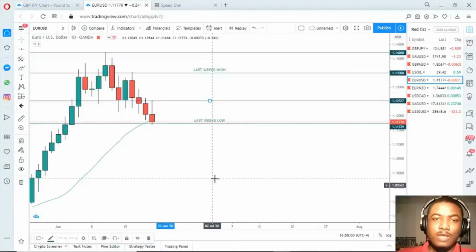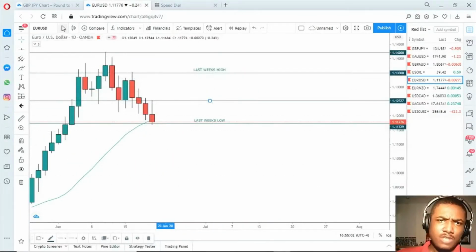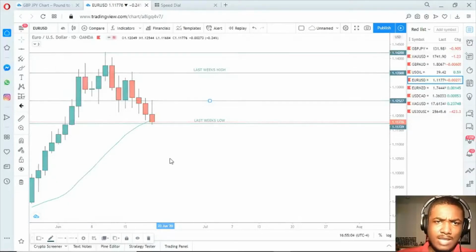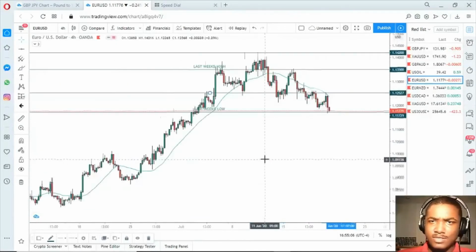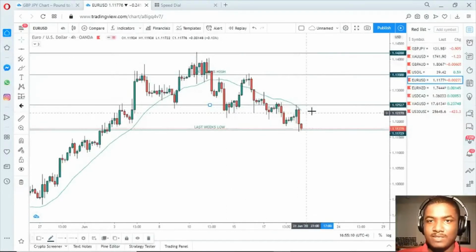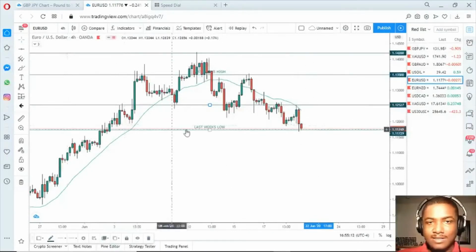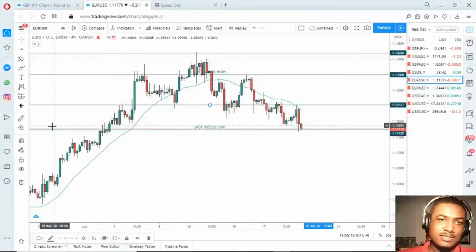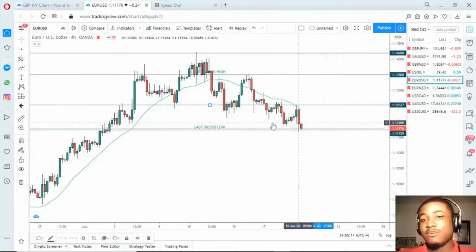Alright, now that we're on the daily candle, I like to drop down to the four-hour candle and we could see just how price action has been developing. As I said, last week's low for me is a very important area to take note.